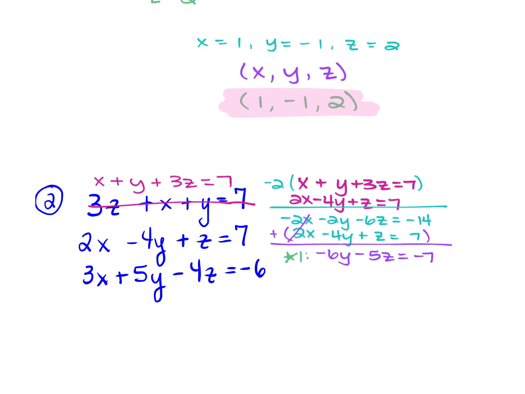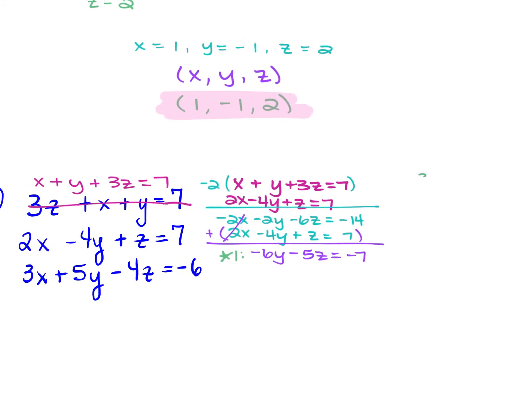You have not worked with that bottom equation yet, so work with the 3x plus 5y minus 4z is equal to negative 6, and one of the other 2. I'm going to choose the top one. So x plus y plus 3z is equal to 7.